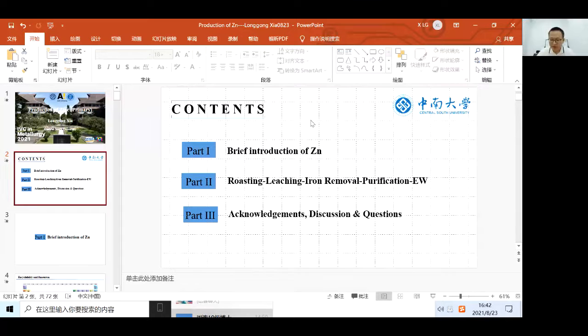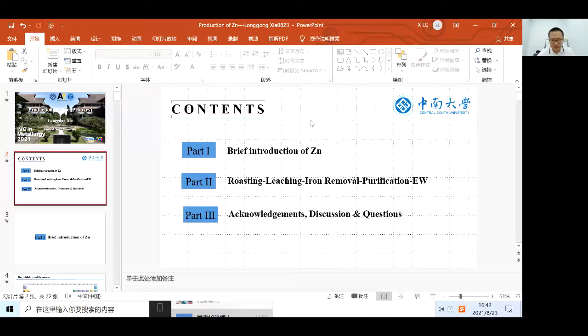Okay, thank you for the question. Actually, when we are doing hydrometallurgy, and zinc is a typical metal which is produced by hydrometallurgy, when dealing with leaching, the system design is the most important. What kind of leaching reagent you are using, and here in zinc production, we are using sulfuric acid. Those parameters including temperature and liquid to solid ratio are very important.